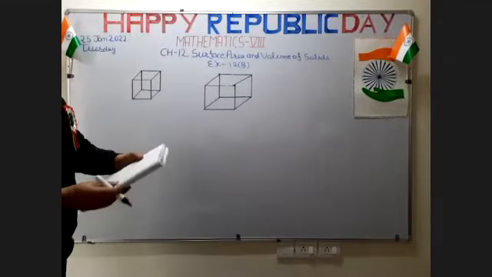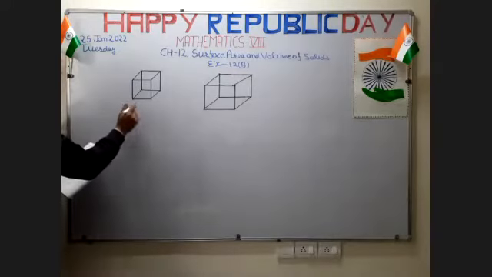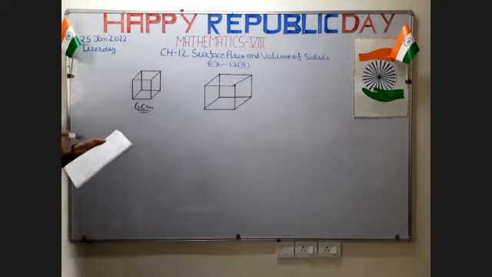What is given? A cube of metal of 6 centimeter edge. So this is the cube of 6 centimeter edge. This is the shape of metal. Okay.